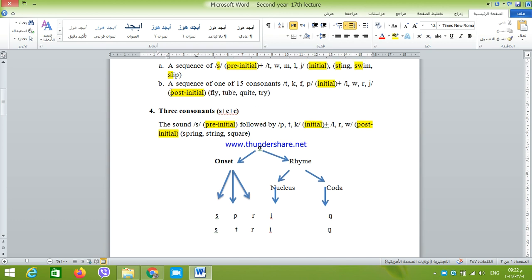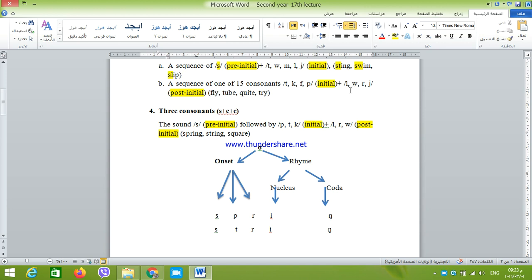The second type does not start with s, it rather starts with 15 consonants, just like t, k, f, p. And this time, it's called initial, not pre-initial. The only pre-initial is the s sound.